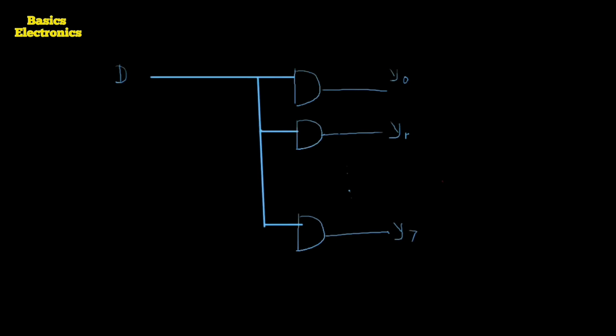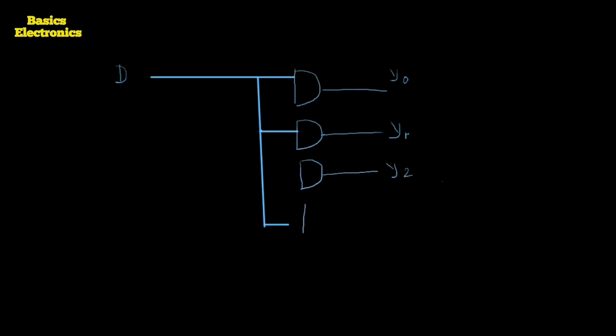Now, while drawing the logical diagram, you draw 8 AND gates, not only one AND gate or 3 AND gates. I will draw the 8 AND gates so you don't have any confusion. Here is the third AND gate, having the output Y2.